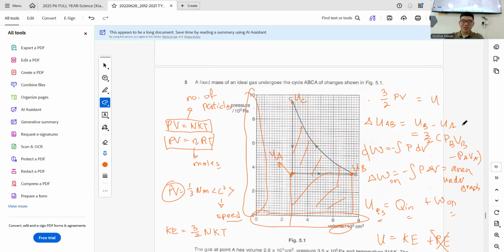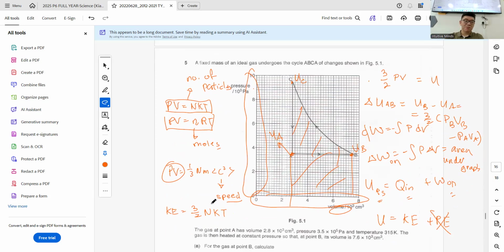Then because of that, you can link back to this one. 3/2 NK delta T. You can find the change in temperature, provided you know the N and the K. And K you know, Boltzmann constant, provided you know the N.